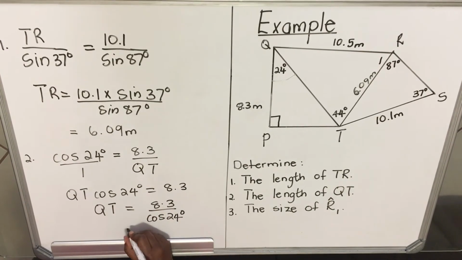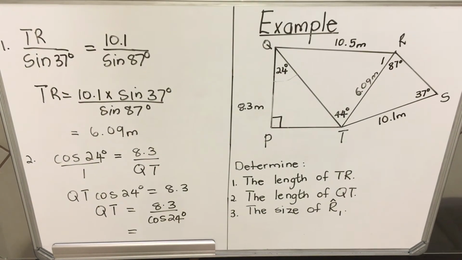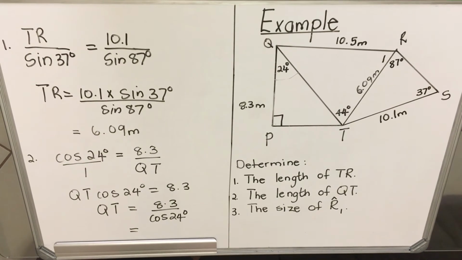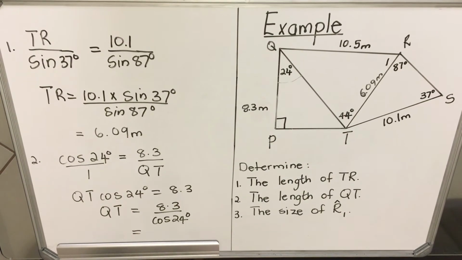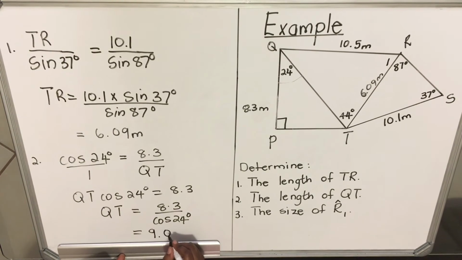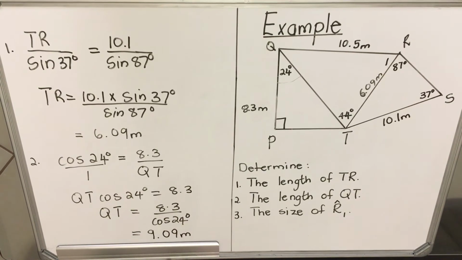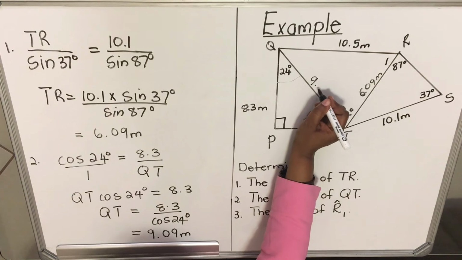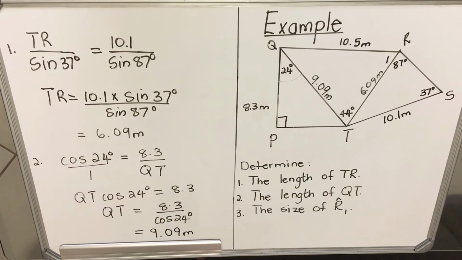Then I take my calculator, fraction 8.3 go down, cos 24 close bracket, and my answer is 9.09 meters. Get that answer, write it into my diagram, 9.09 meters.